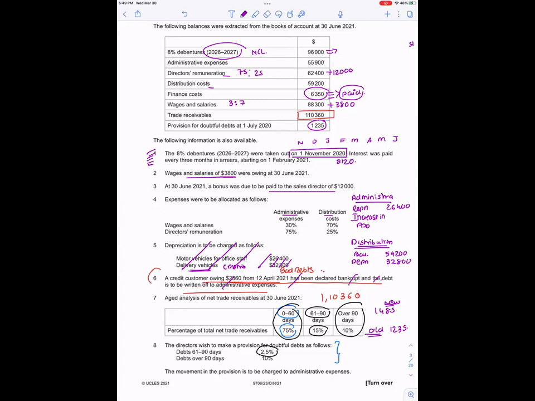Administrative expenses, 250. Okay. Let's start distributing other things. I'm doing this first.